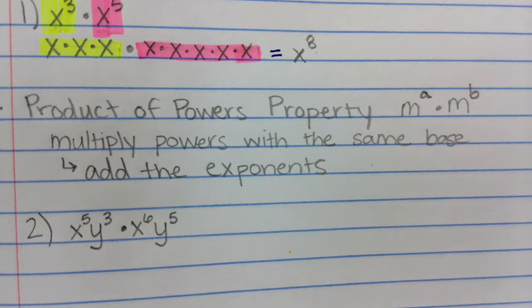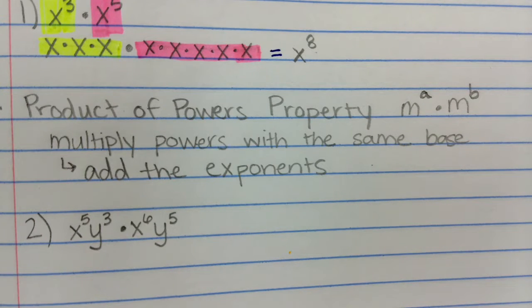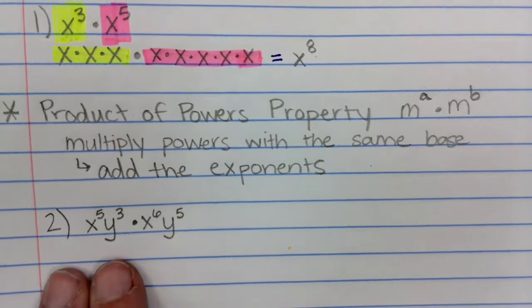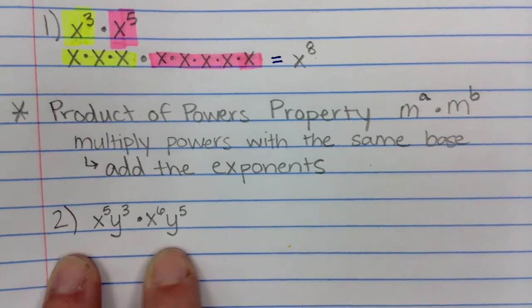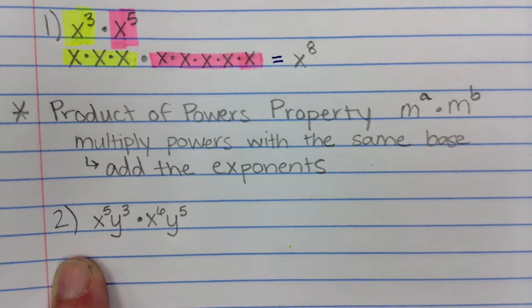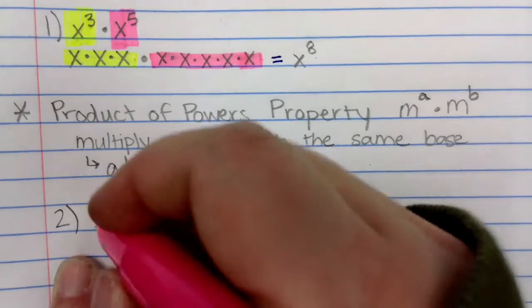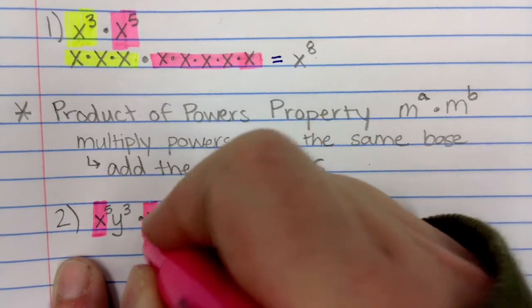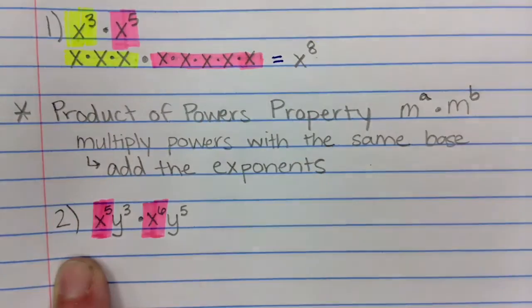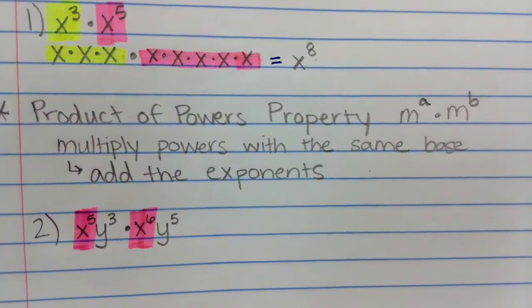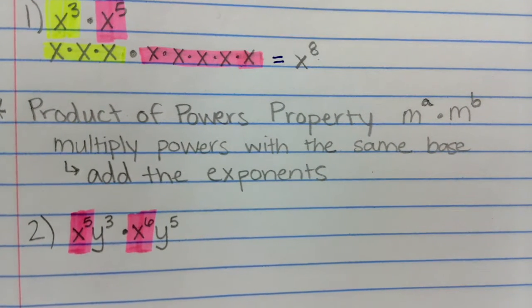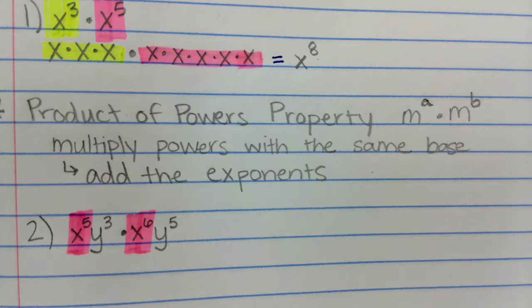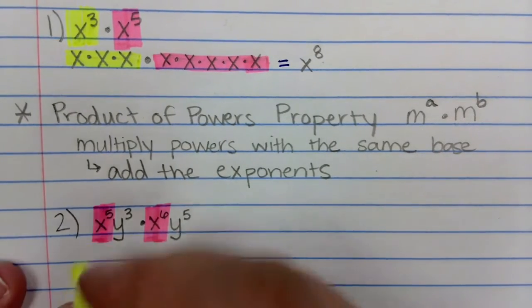The big idea with our product of powers is they have to have the same base. So which powers here have the same variable base? The x's, and what other ones have the same base? The y's.